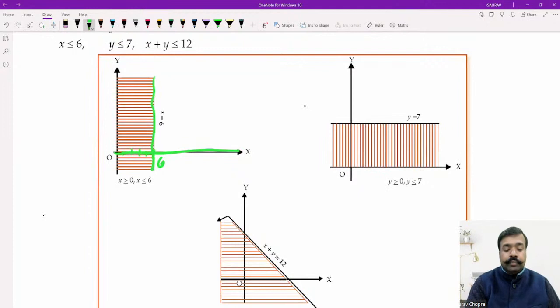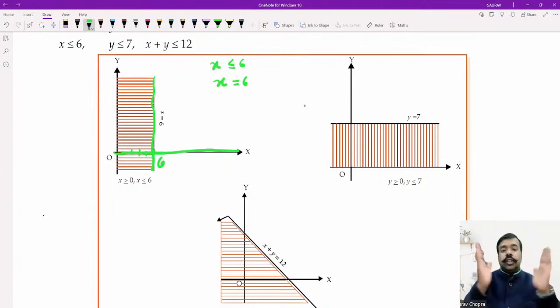Whenever we are given x less than or equal to a value, first of all, we remove the inequality sign and treat it as x equal to 6. Since x is equal to 6, we mark it and form a line parallel to the y-axis. Now we have to mark the shaded region.